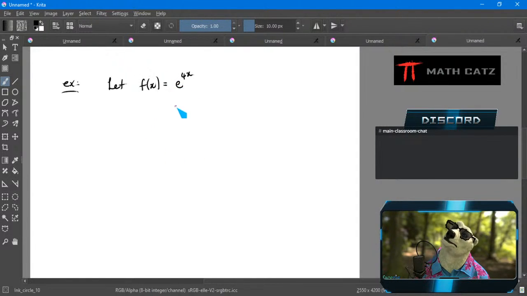Here is where it gets a little, maybe less recognizable because there are no brackets. This is a function of a function. Let's say u is 4x. Then my function is e to the u.